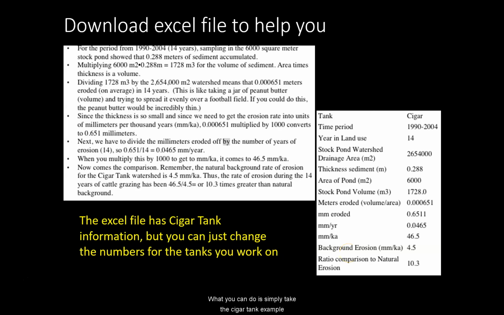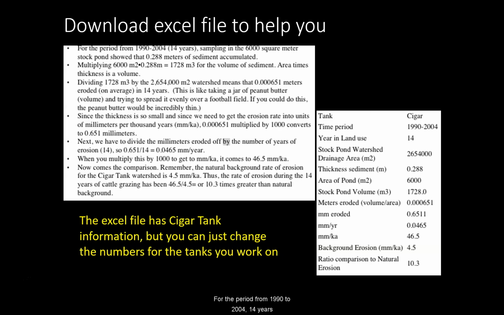What you can do is simply take the cigar tank example and put in information from the stock pond that you will be analyzing. So what I did in the Excel file is to take you through the Excel and following steps, and I'll just read the bullet points.